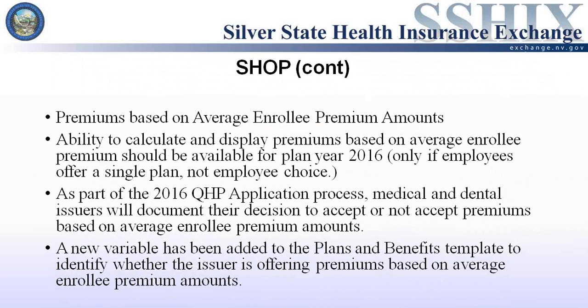As part of the application process, medical and dental issuers will document the decision to accept or not accept premiums based on average enrollee premium amounts. And a new variable has been added to the plans and benefits template that allows us to capture that information, whether or not the issuer is offering premiums based on average enrollee premium amounts.